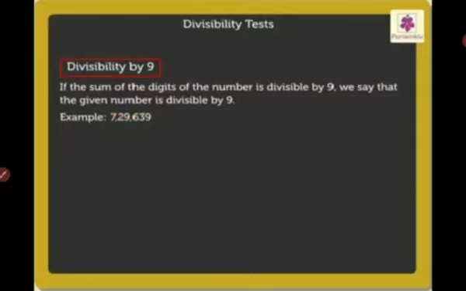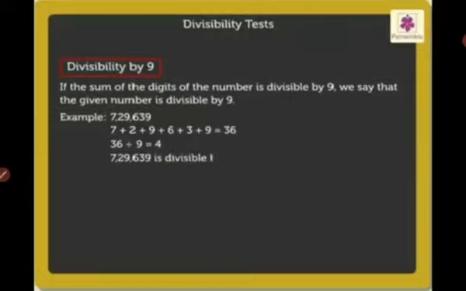Here, on adding the digits 7, 2, 9, 6, 3, and 9, we get the sum as 36, which is divisible by 9. Thus, 7,29,639 is also divisible by 9.